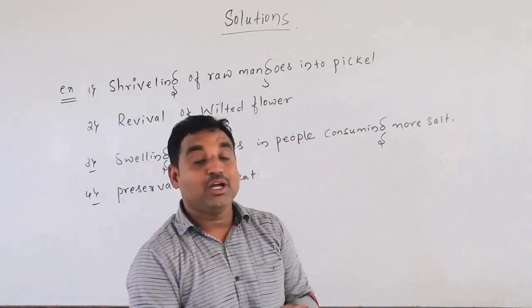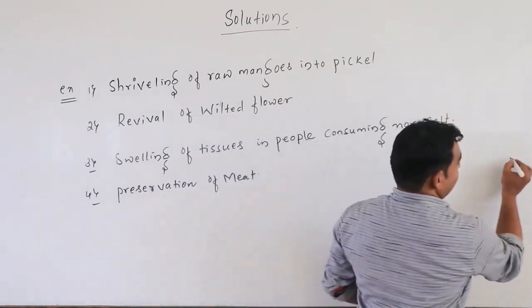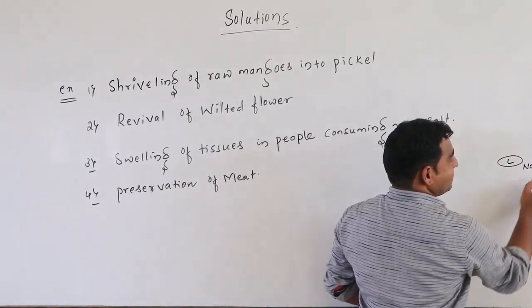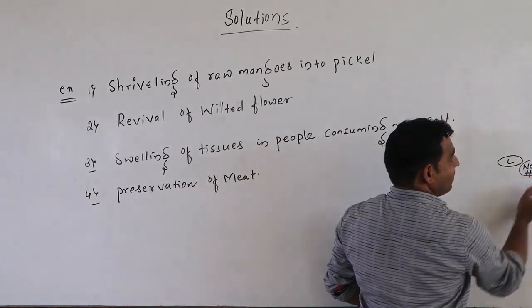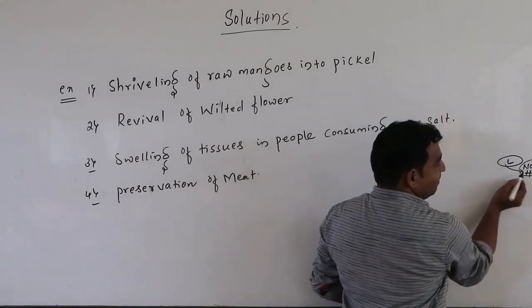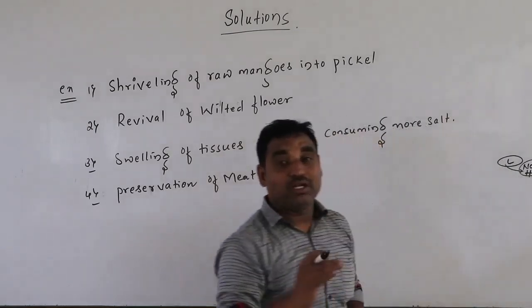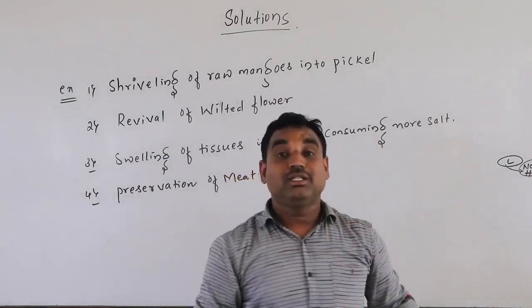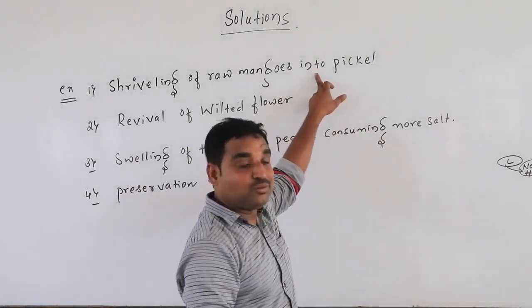Osmosis will occur from the lower to the higher concentration. It means the fluid present in the mangoes comes out, and the mangoes are converted into pickle. That is one example of the osmosis process.